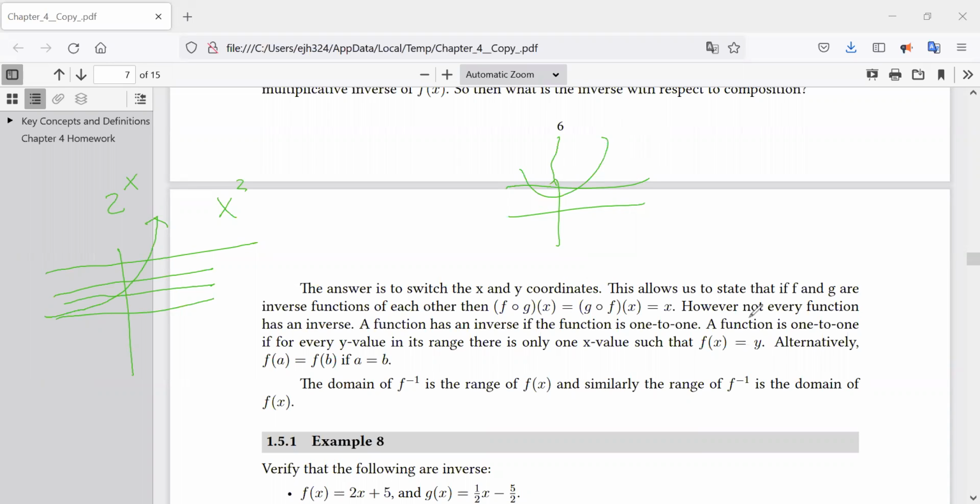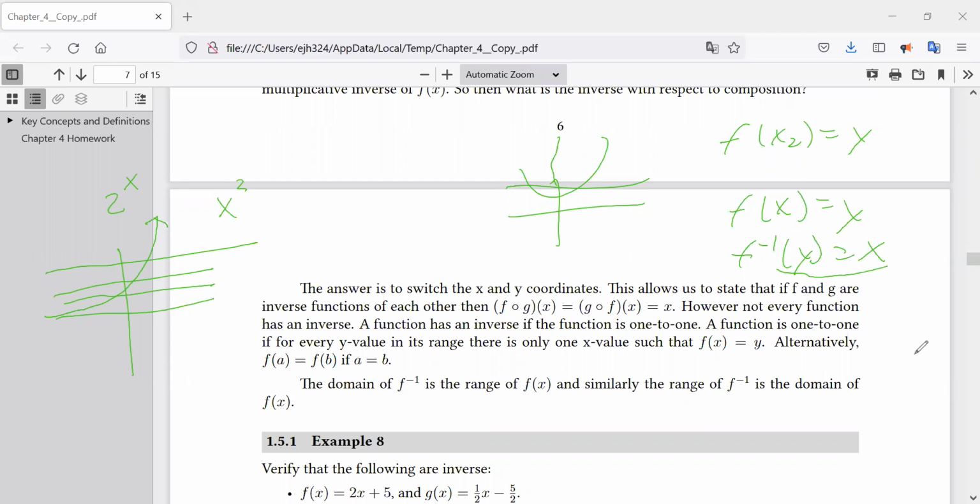And the reason is, if we have f of x equals y, then f inverse of y is going to be equal to x. So if you have two different points, if f of x2 is also equal to y, then this guy can only map to one thing.